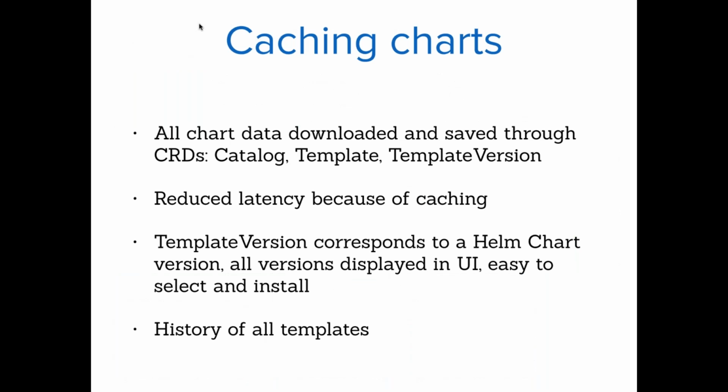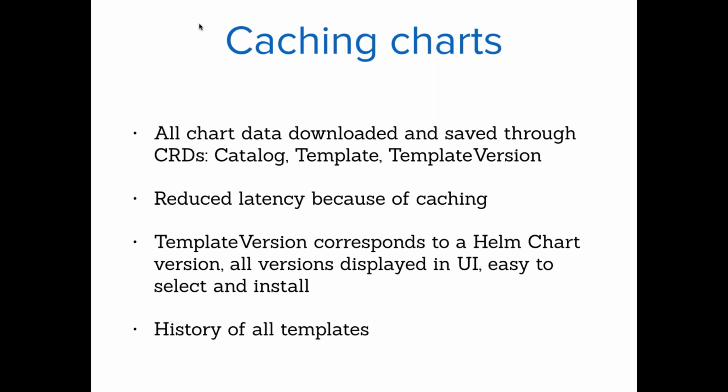Another advantage of integrating Helm with the Rancher catalog feature is that Rancher fetches and saves all the data related to your charts in some custom resource definitions such as templates, template versions, and template contents. So this way, each request to install a chart doesn't have to fetch it from the chart repository, and it can be much faster by reading the stored chart contents.